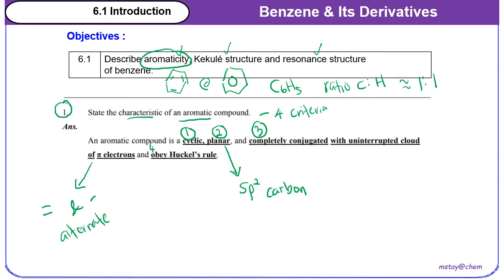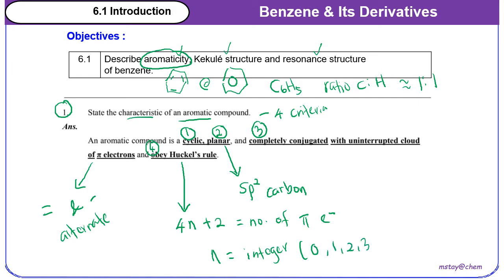The fourth requirement is to obey Huckel's rule, where we need to fulfill the formula 4n plus 2 equals the number of pi electrons. If n is an integer, for example 0, 1, 2, 3 and so on, it means that they obey Huckel's rule.